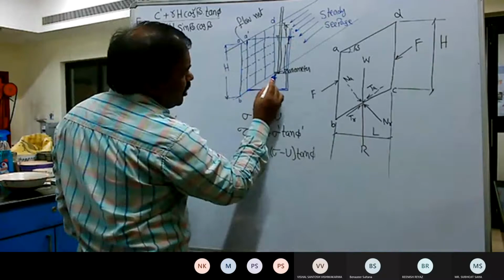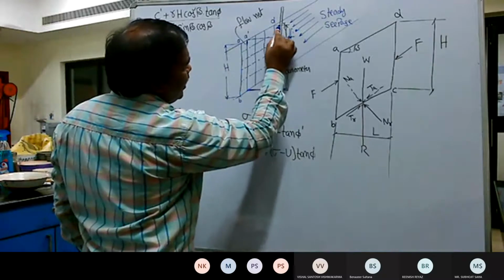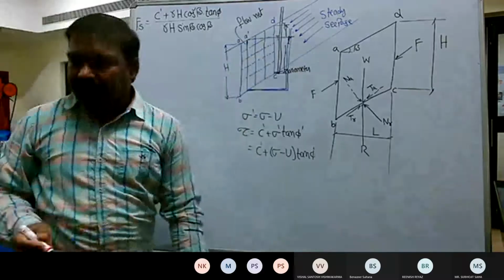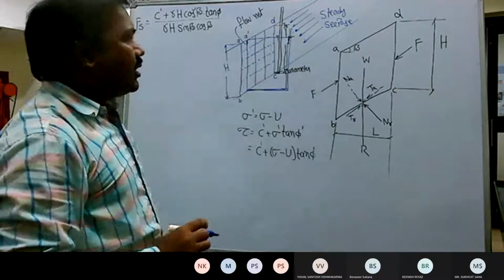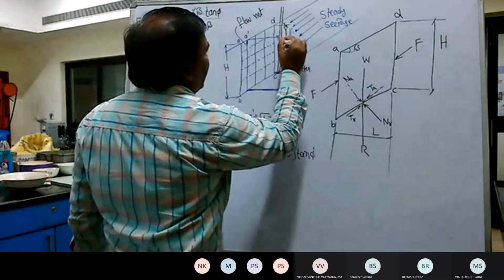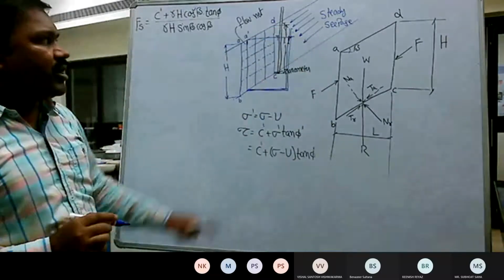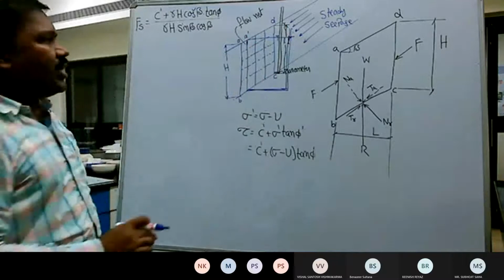On the other hand, if I put the manometer here, the water rises until point D. So we can interpolate in between. Now I can designate the rise of water as L.